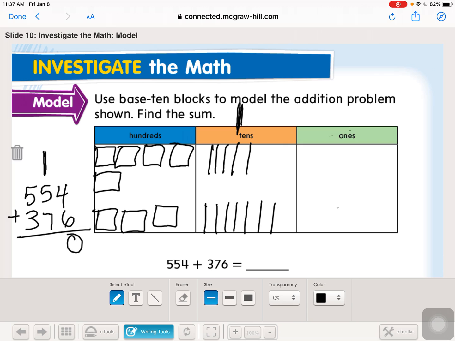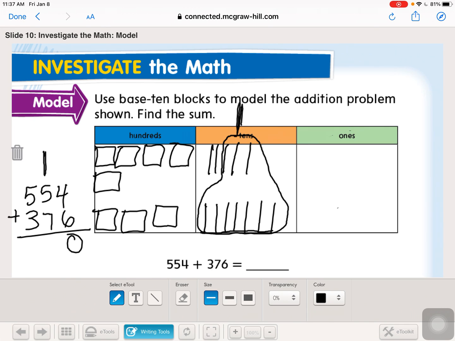So that means I'm also going to have a 0 in the ones place down here. Now I've regrouped my 10 over the top just like I did with my equation. So now I have 1 plus 5 plus 7, which is 6 plus 7. 6 plus 6 is 12, plus 1 more is 13, so I know I'm going to have too many for that. So I can do 7, and then 3 of these, 8, 9, and 10.